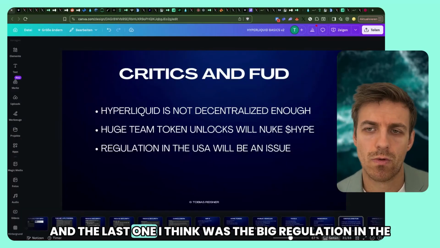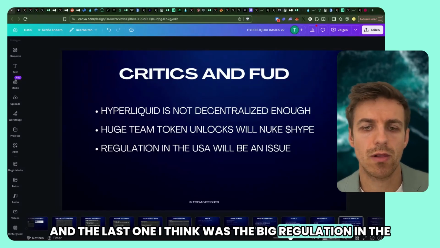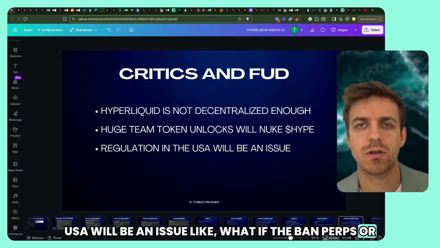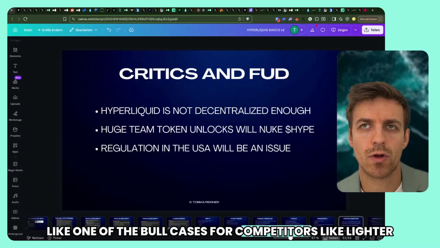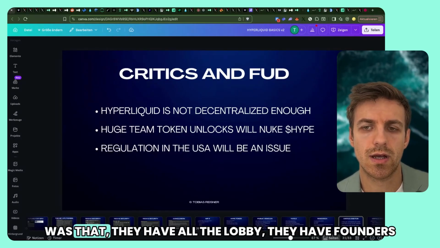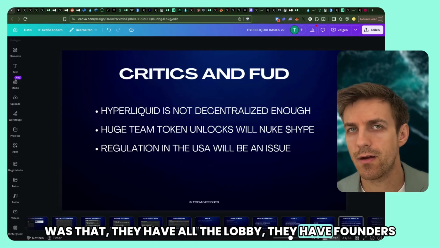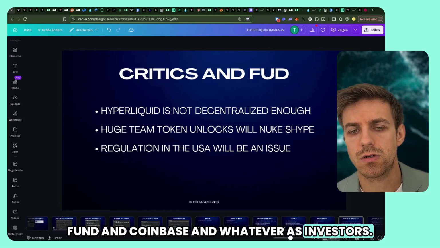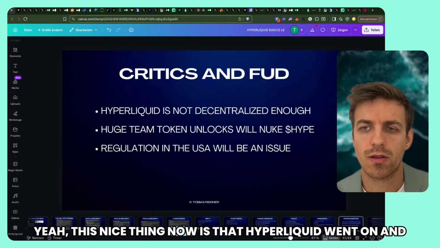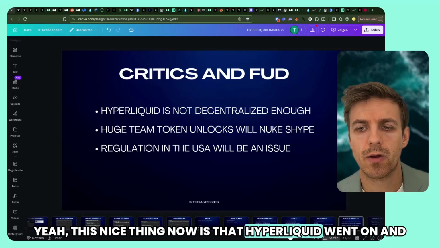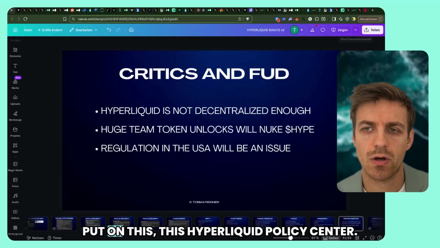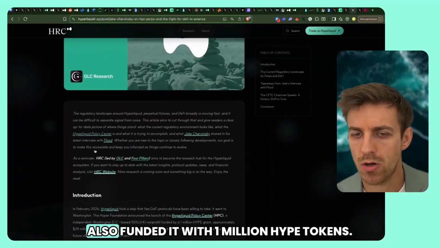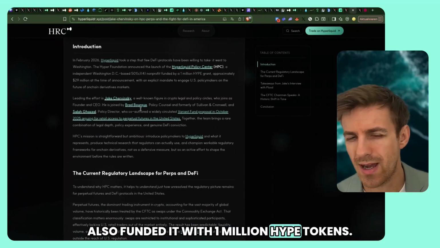And the last one, I think, was that big regulation in the USA will be an issue. Like, oh, what if they ban perps? One of the bull cases for competitors like Lighter was that they have all the lobby, they have Founders Fund and Coinbase and whatever as investors. The nice thing now is that Hyperliquid put together the Hyperliquid Policy Center and also funded it with 1 million hype tokens.